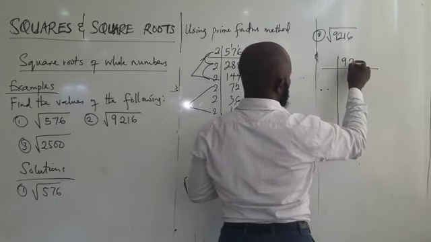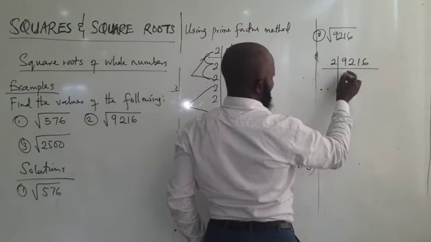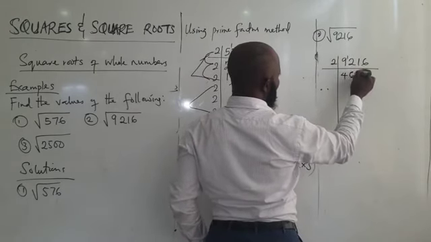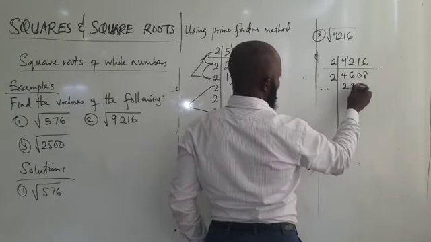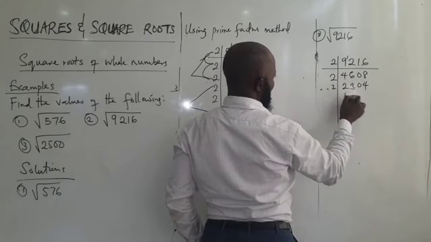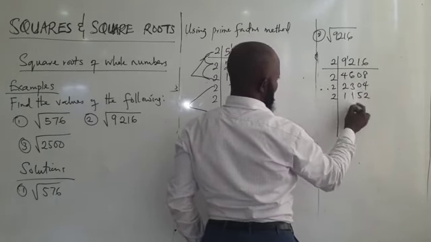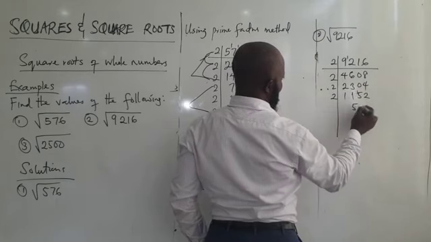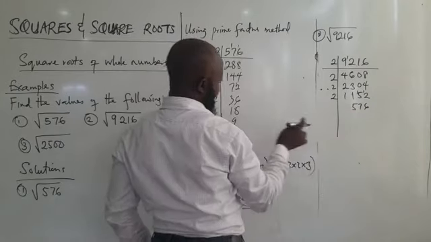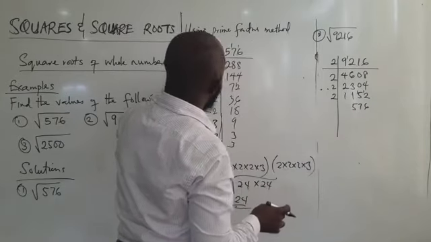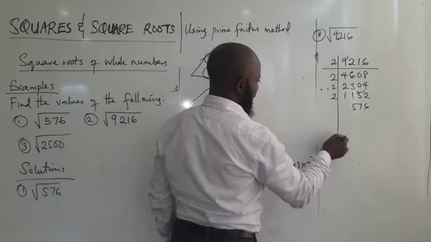So 9216, 2 can still go here. 4, 6, 0, 8. 2 here, 2, 3, 0, 4. 2 can still go, 1, 1, 5, 2. 2 can still go, this gives 576. So this one will be very long, right?